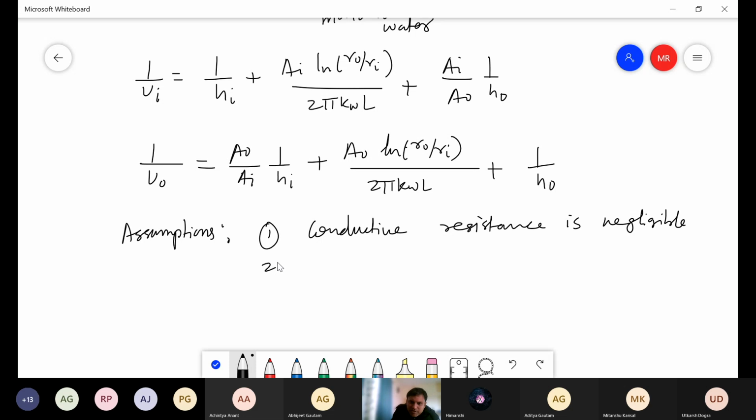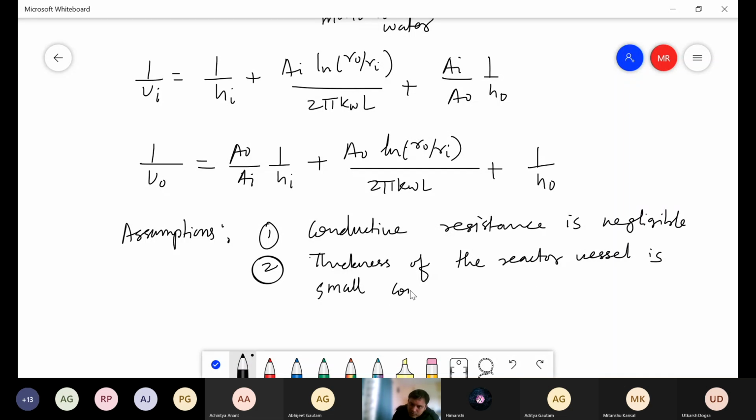This is the first assumption, and the second assumption is that the thickness of the reactor vessel is very small compared to its diameter.